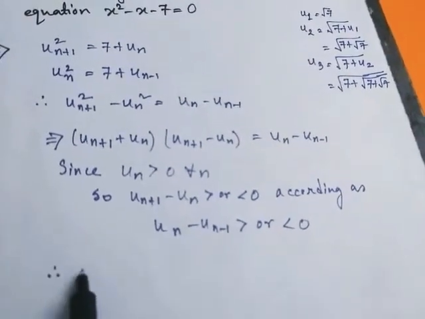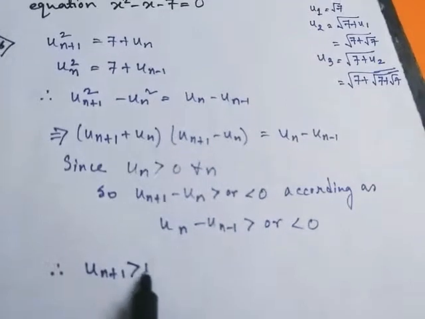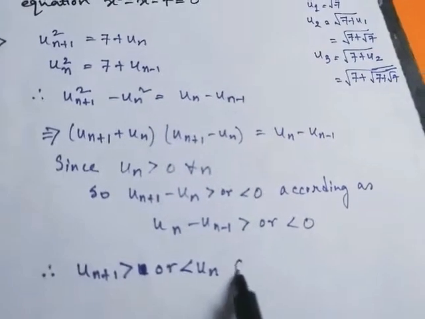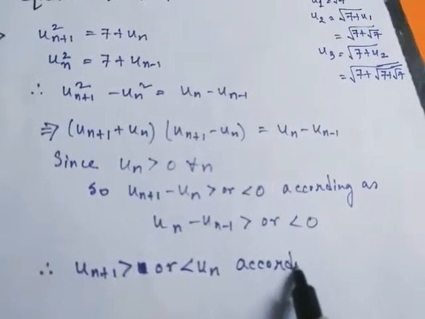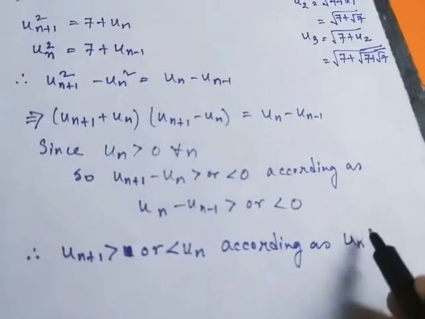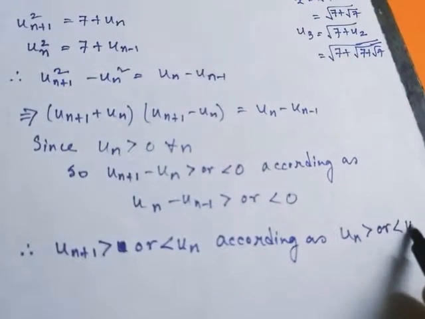Therefore u_{n+1} is greater than or less than u_n according as u_n is greater than or less than u_{n-1}.